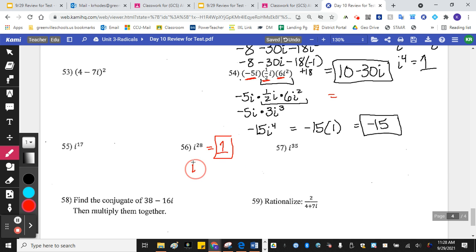So I could write i to the 28 as groups of 4, each of which is 1. So that's 1. I can come help you with 17 once I finish 58.